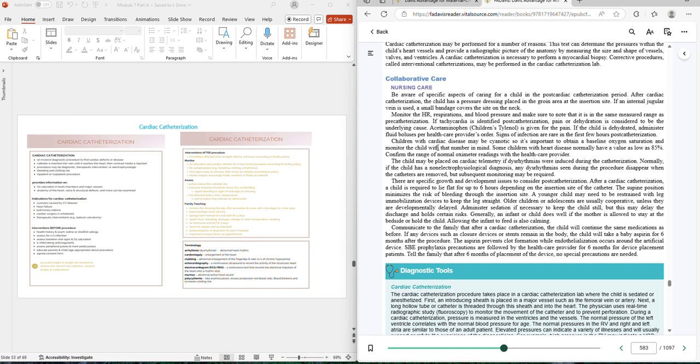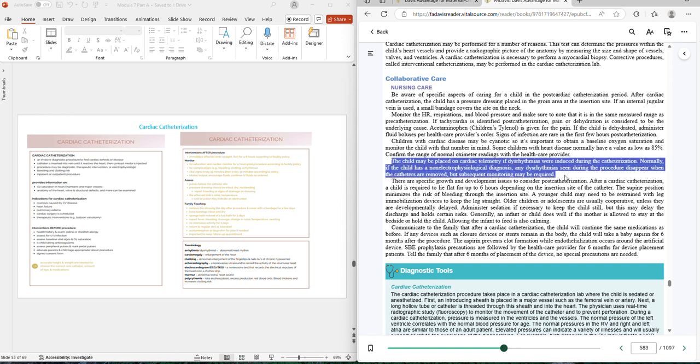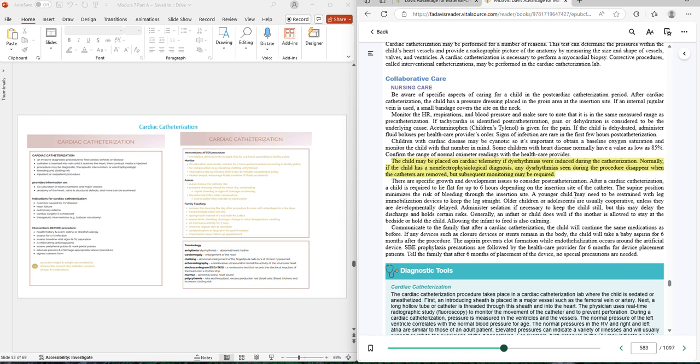Under collaborative care, it says the child can be placed on telemetry for dysrhythmias, of course, after the cardiac cath is done, because arrhythmias may be induced from the catheter. Okay, so we need to be watching for any type of arrhythmia or dysrhythmia that was induced because of the catheterization.